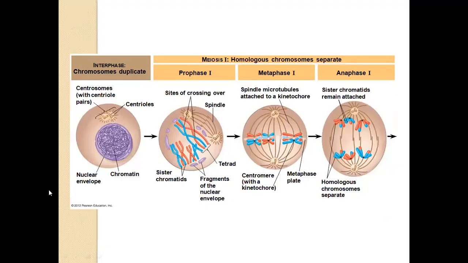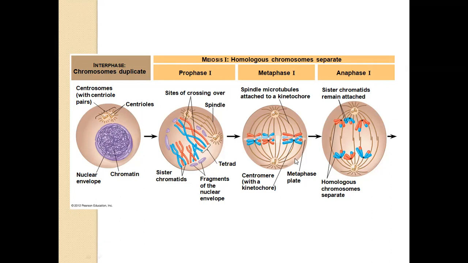In metaphase 1, you see now the difference between mitosis and meiosis. In mitosis, we saw just one sister chromatid in each, and in this case, we see 4 because of the chiasmata. They link together the 4 sister chromatids, and that forms the tetrads.